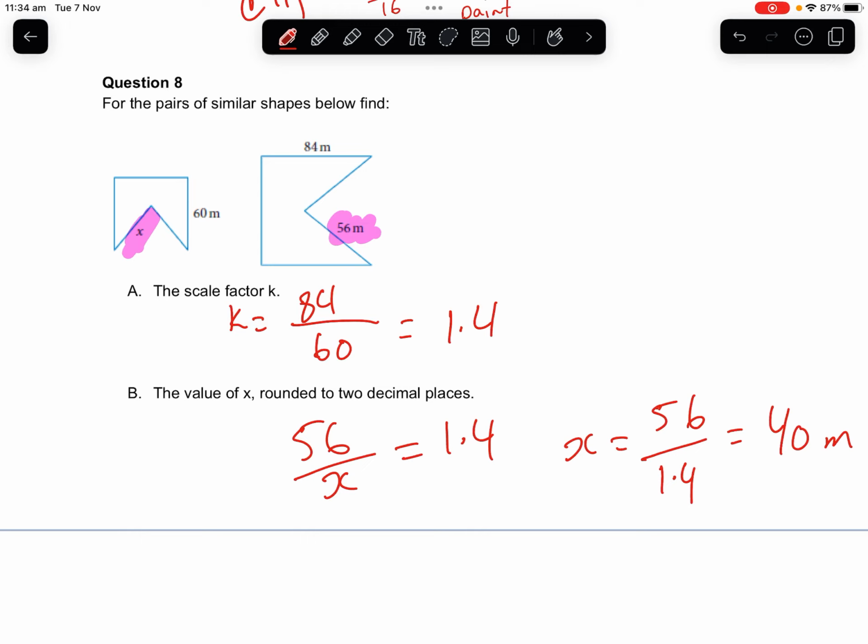Let me find 9.6 and tell you the exact formula for scale factor.